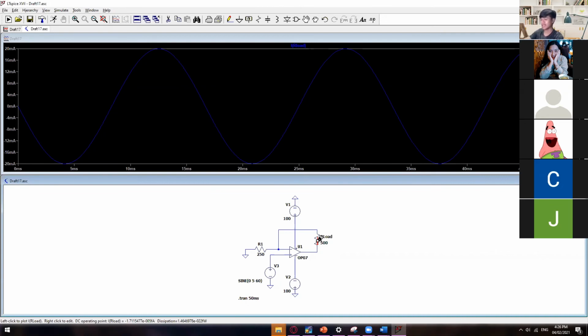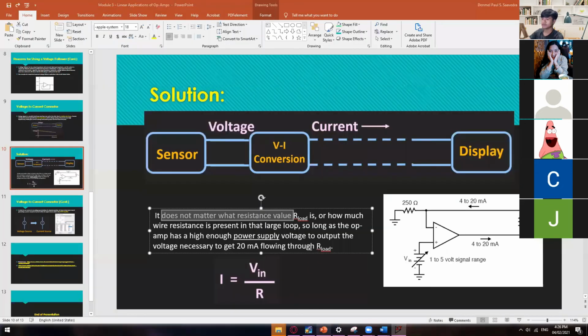So actually, either of those two, it could be a voltage or current. So you can power up any device. But in real life, maybe this is where you're going to connect such loads, like for example, your television. So as always, you will get 20 milliamps of current, or electricity, in having this kind of circuit.